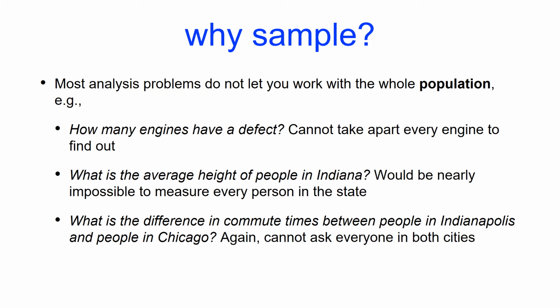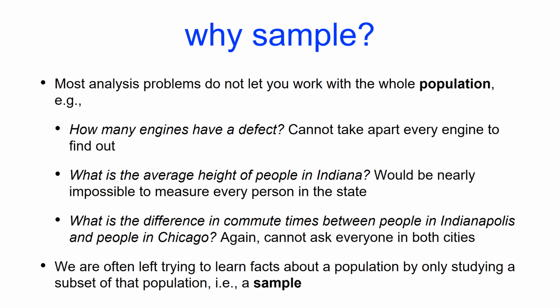The reason is that it's very expensive, or sometimes impossible, to do this kind of exhaustive measurement, so I have to make a subgroup. That is a sample. Then the next question comes: how to pick the right group, right? How to sample?